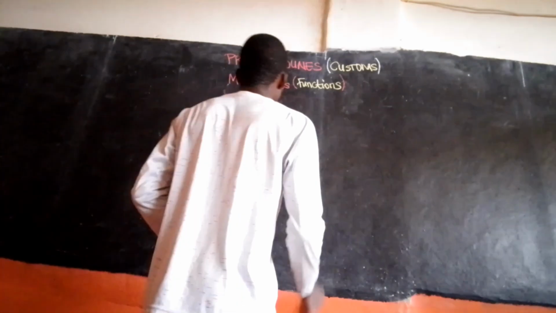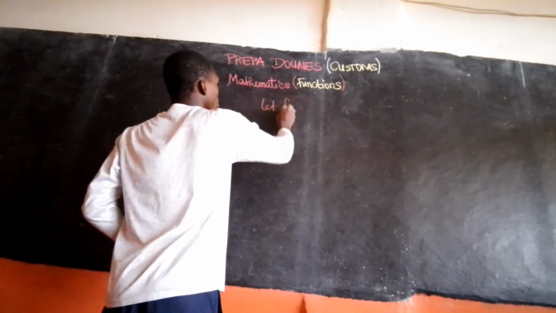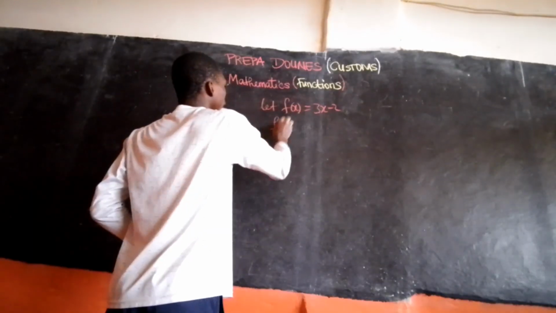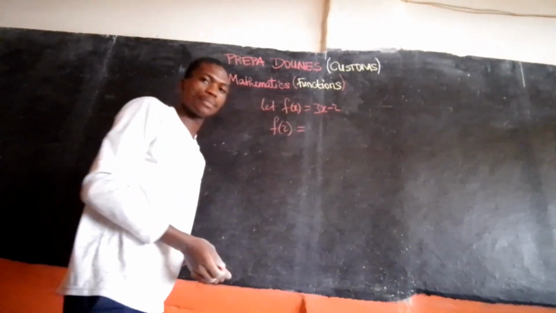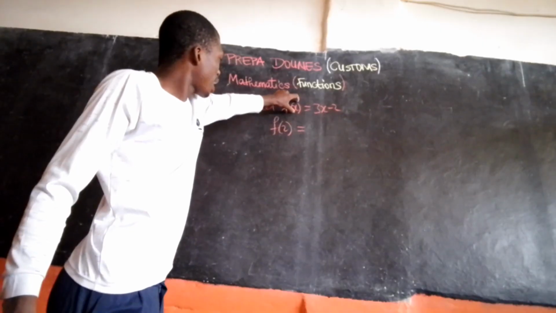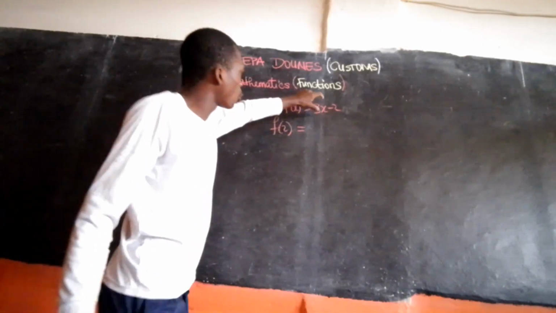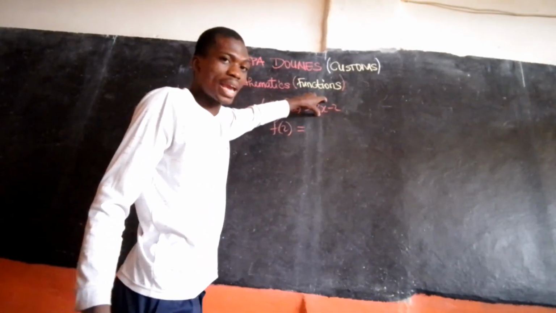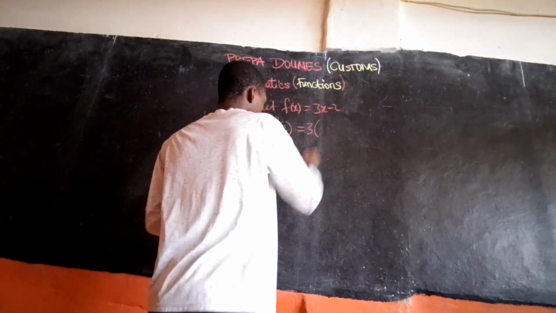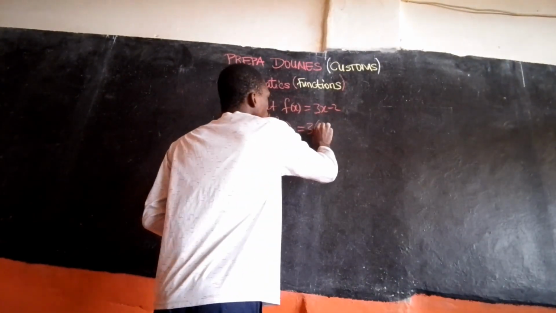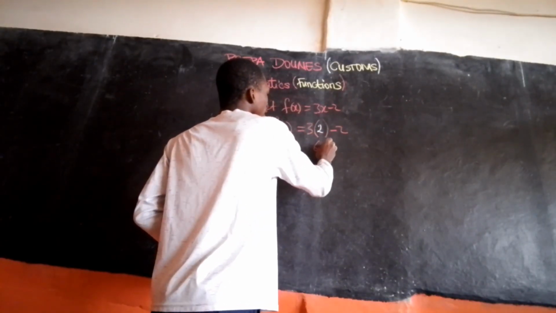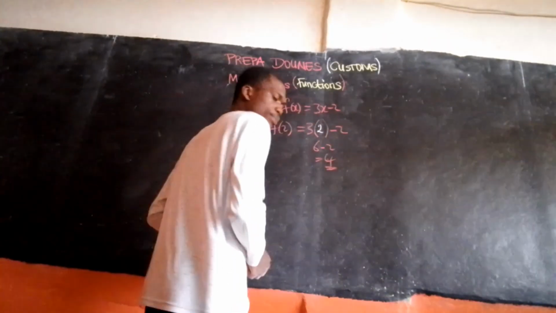Okay, let f of x be equal to 3x minus 2. Find f of 2. Here, you just notice that x has been replaced by 2. So simply you put 2 anywhere you see x. Then f of 2 is going to be equal to 3 times 2 minus 2. 3 times 2 is 6 minus 2, 4.